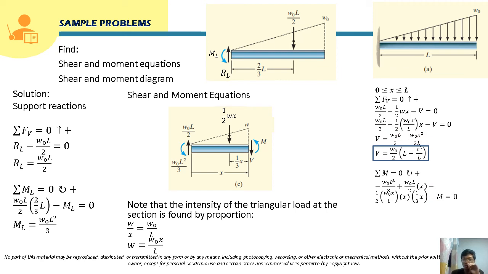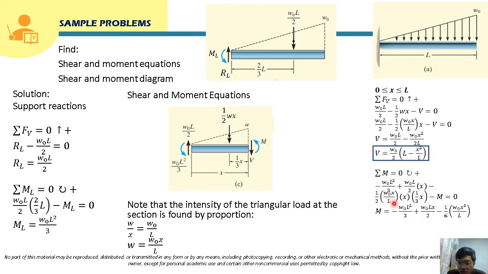So solving for M here, we are now going to transpose this negative M to the other side, so it will become positive. Simplifying this, this will still be negative W sub O L squared over 3. And then this will become W sub O times L times X over 2 for that term.